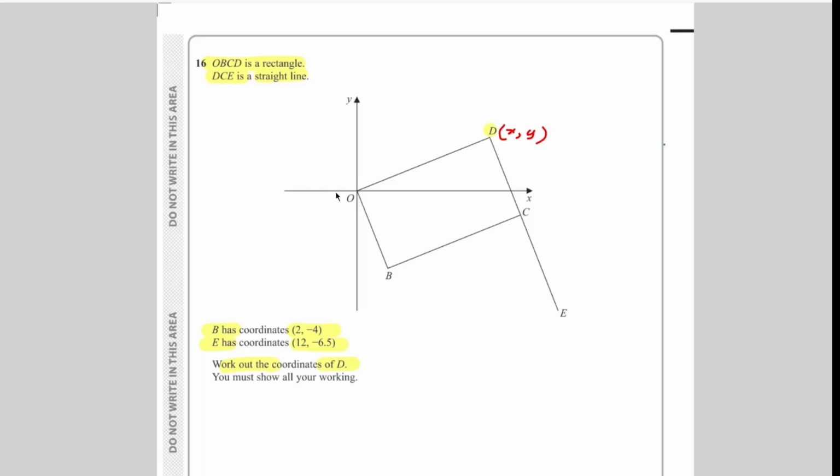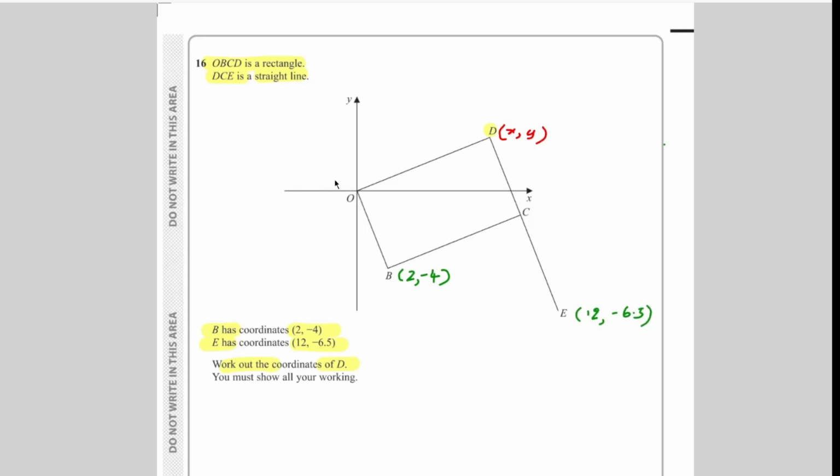Now we've been given coordinates of B. Let's label it as coordinates of B is given as 2, minus 4 and coordinates of E given as 12, minus 6.5. And one more thing.